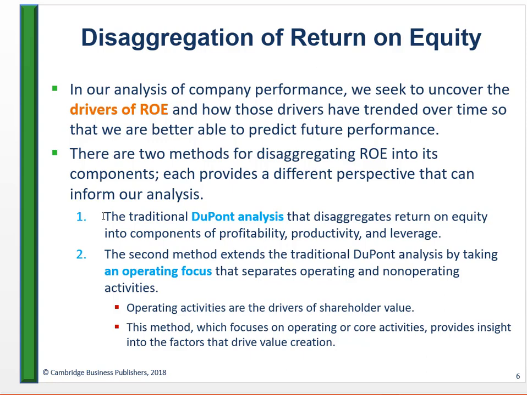But we're going to take the return on equity and we're going to break it down into two core components. We're going to break it down into the return that comes from the basic operating functions of the business, and then there's a secondary return, or what we're going to call a leverage multiplier, where we can accelerate that return on equity by introducing a level of debt to the company's operations.